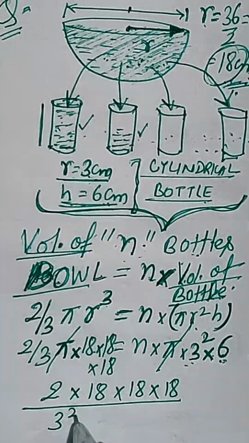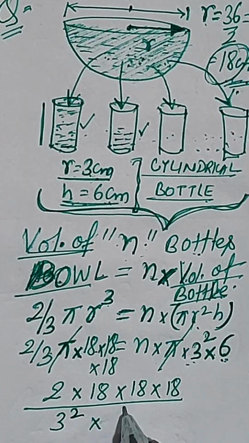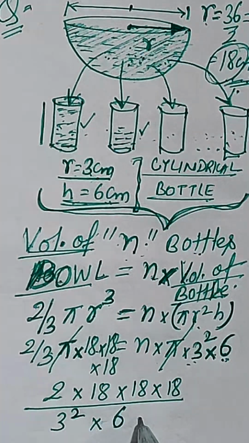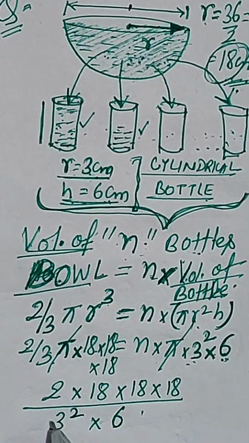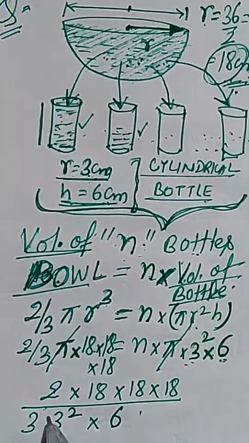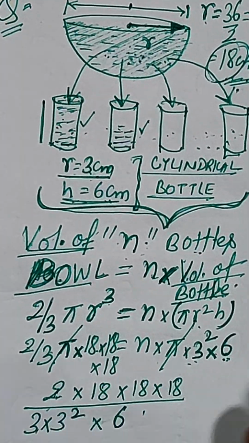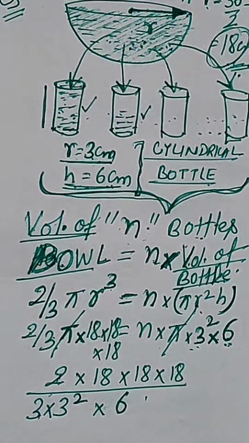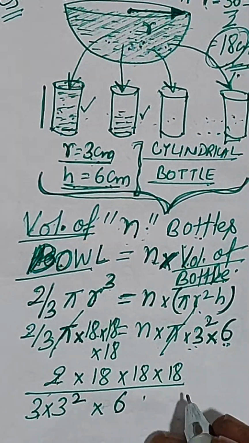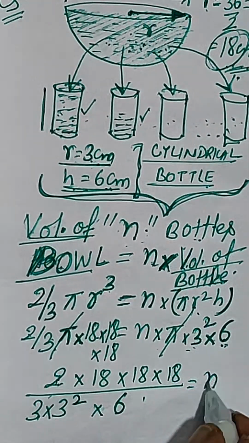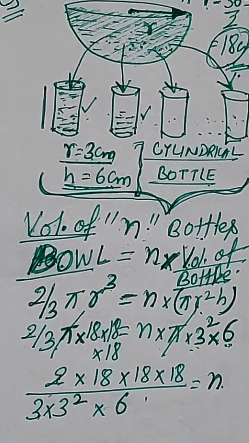So this is 3 square multiplied with 6, right? And this 2 by 3, so 1 3 was there with this 2, right? So this will give you the value of n. So Basa, your answer is 72.